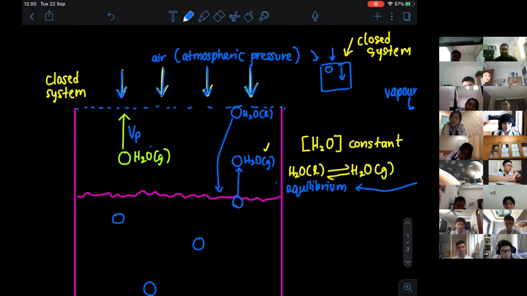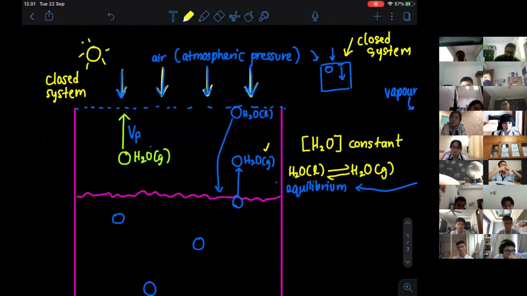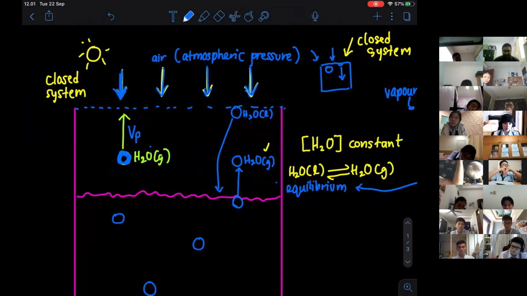Let's say under the hot sun, these particles will gain energy. They will gain enough energy so that they can overcome this atmospheric pressure. Since they have enough energy, they can go outside.